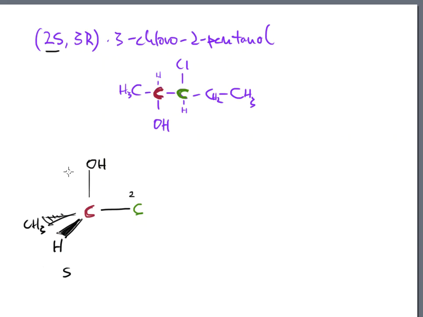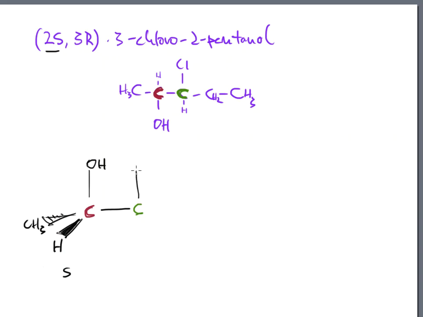Okay, so I fixed that side. Now let's take a look at the other side. With the other side, some people, because this bond points straight up, some people would take this over here to the right-hand side and point this bond straight down. Okay, if you want to do that, that's fine. I just think it confuses people a little bit when they learn how to draw these things in the beginning.